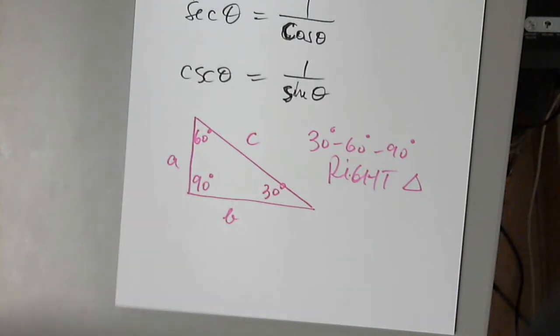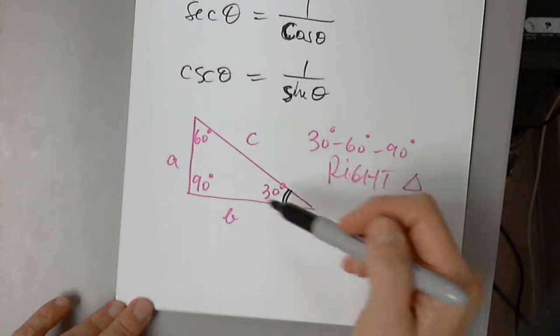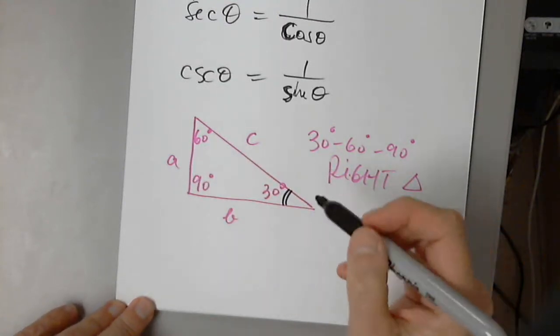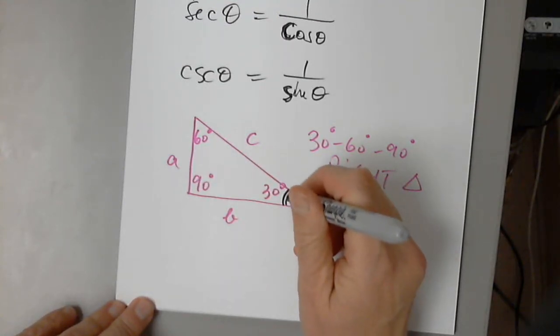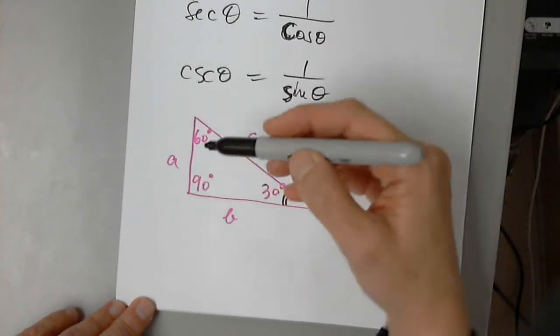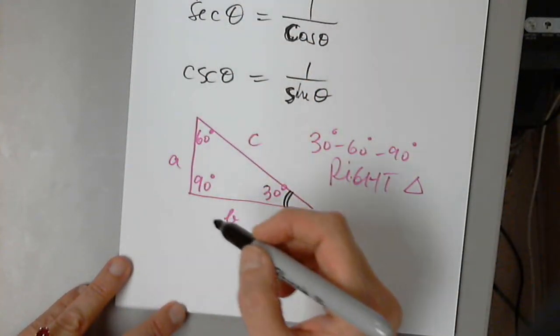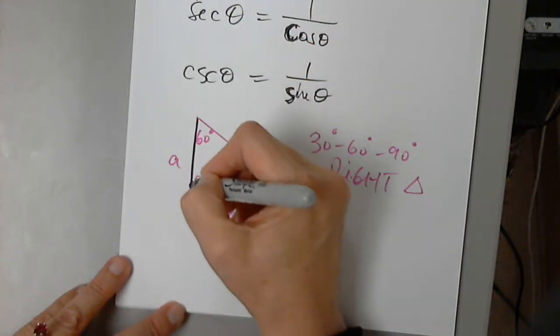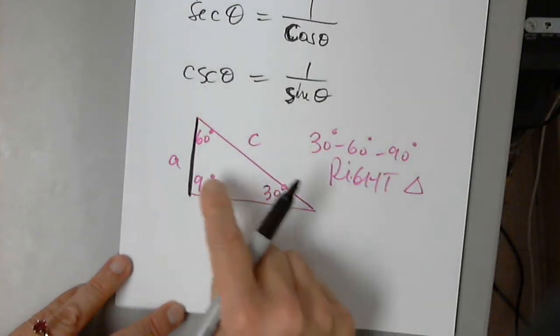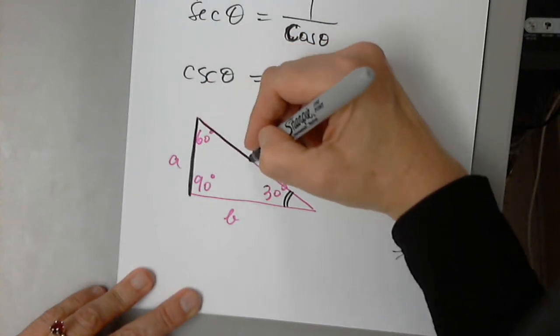There is some piece of information that we know about the 30, 60, 90 degree right triangle, specifically about the relationship between the opposite leg of the 30 degree angle and the hypotenuse.